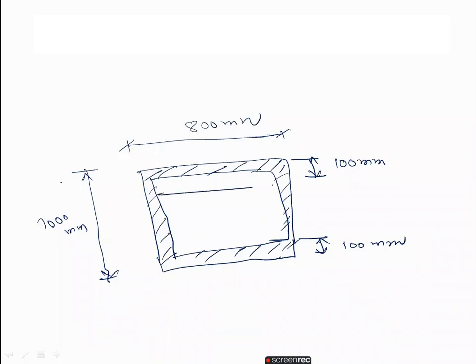So the inner width is 800 minus 100 minus 100, which is 600 mm. Then the depth is 1000, and if you remove 100 and 100, the inner depth is 800 mm. So this is the plan.